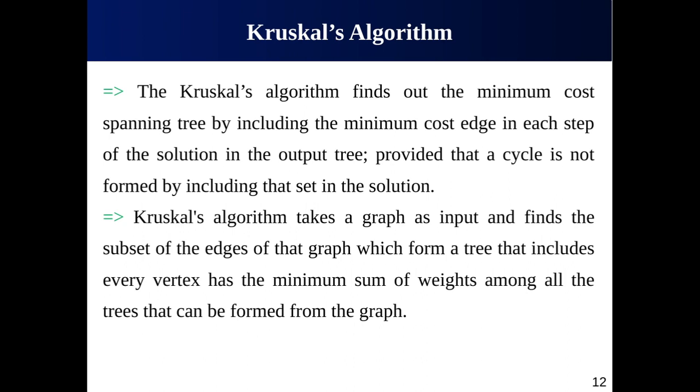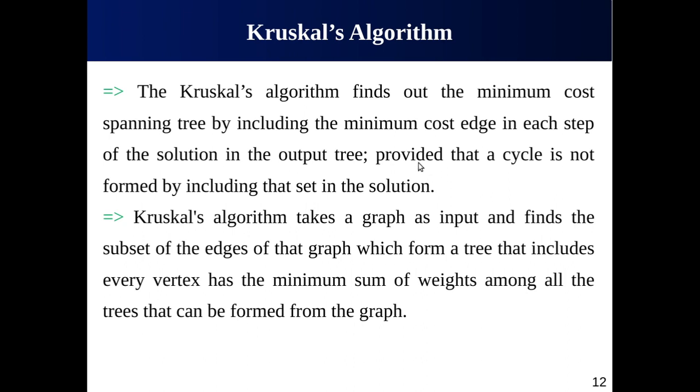The Kruskal algorithm finds the minimum cost spanning tree, or minimum spanning tree, or MST, by including the minimum cost edge or the minimum cost link in each step of the solution, and we have to put it into the output tree. The condition remains the same.